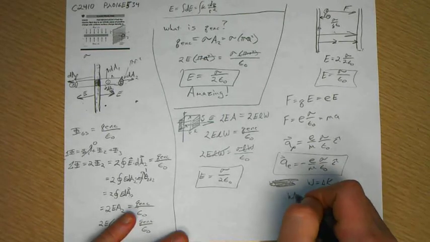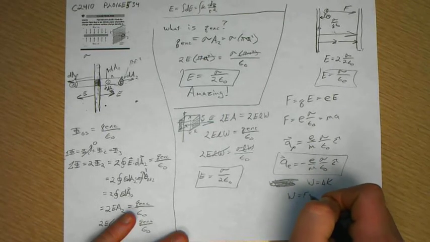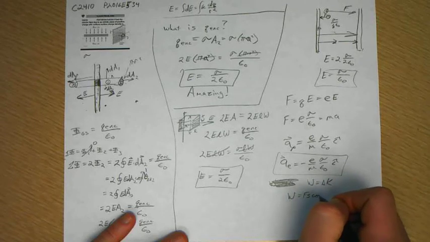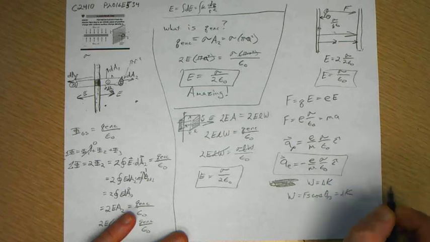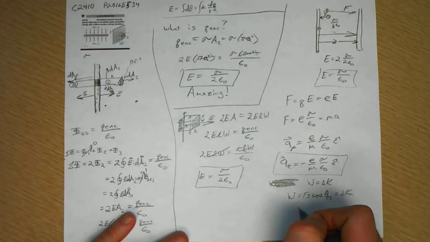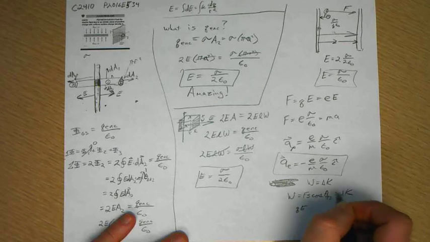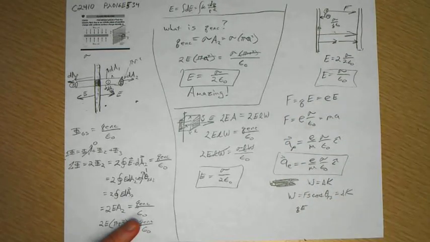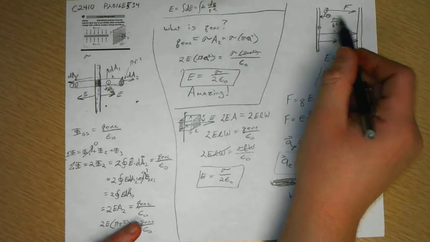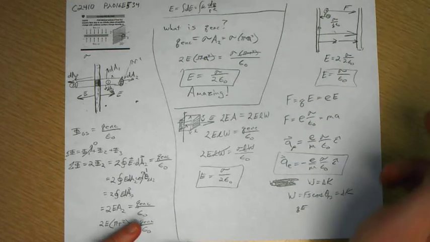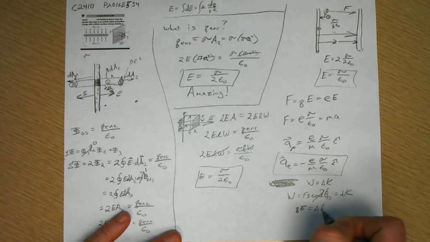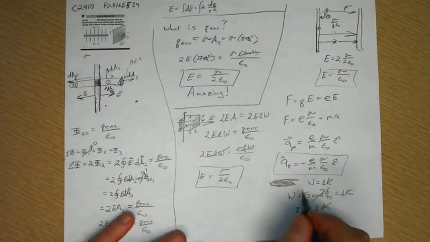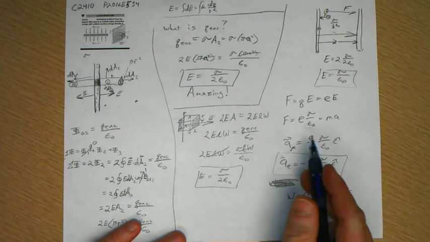The definition of work is force times displacement times the cosine of the angle, where now the force is just Q times the electric field, and it's in the same direction. If the particle just moves from one side to the other, then the cosine of theta equals 1.